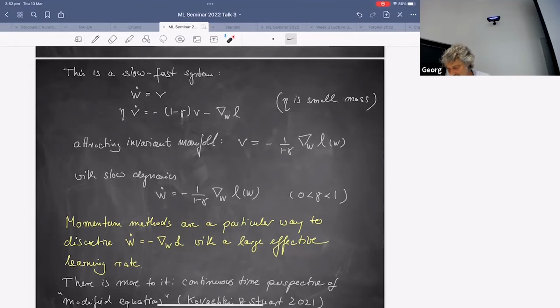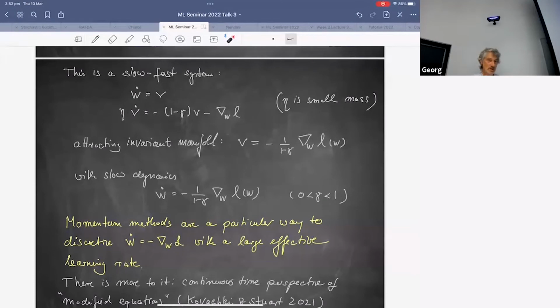So if I just write v dot equal to 1 over epsilon and so on, so what's slow-fast? Eta is small, so the right hand side, like the v, will move quickly. That's what I call fast here, whereas the w has an order 1 time scale.